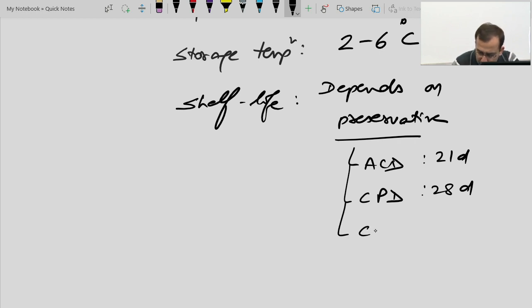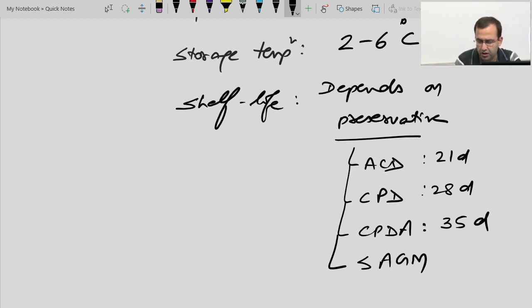Next, CPDA, citrate phosphate dextrose with adenine, which is 35 days, and the longest shelf life is SAGM, sodium adenine glucose mannitol, that is 42 days. ACD, CPD, CPDA and SAGM, the shelf lives are in multiples of 7.